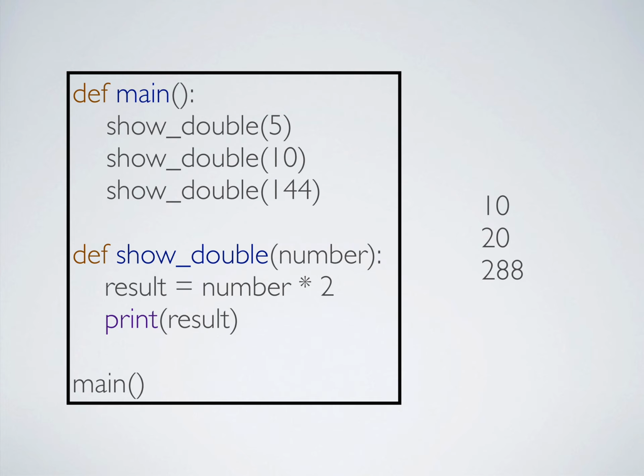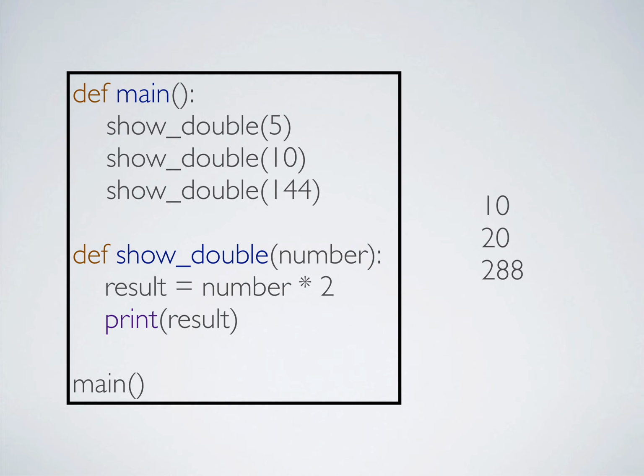Now this is the power of parameter variables: even though I'm using the same exact function definition for show double, I can call that function as many times as I want with different arguments passed through. So that variable named number will be set equal to many different numbers, and the number that it's set equal to depends on whatever number is inside the parentheses when we make the function call.